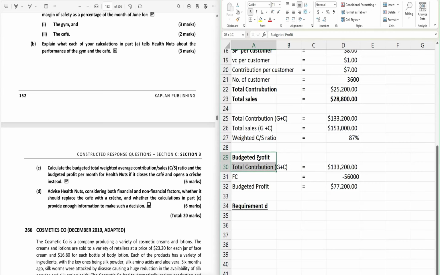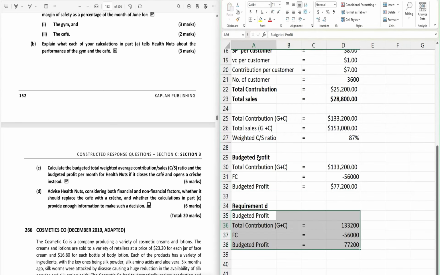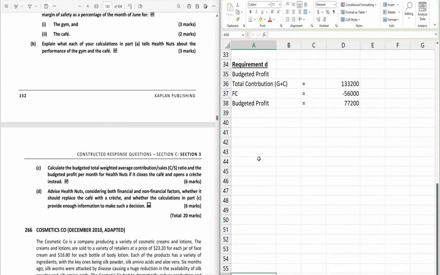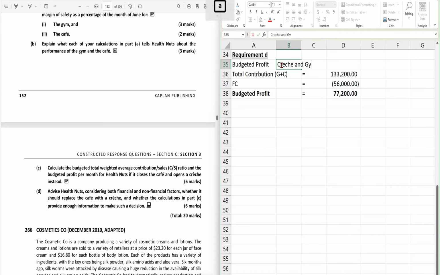So let me copy paste this in the scenario in requirement D. Okay, yeah, so you can see here. But what will be the budgeted profit if Health Nuts choose cafe and gym? Let's figure that out. Yes, it looks good now, right? So this is for the crèche and gym.